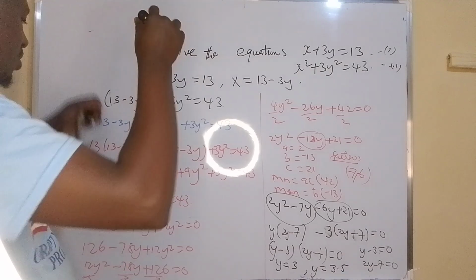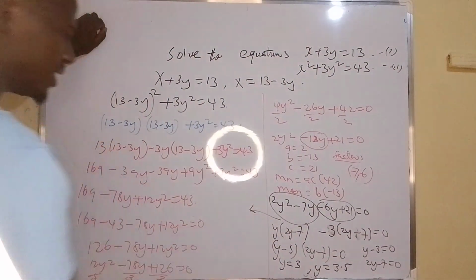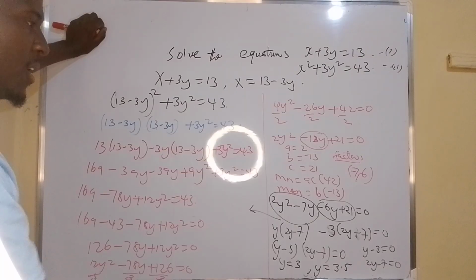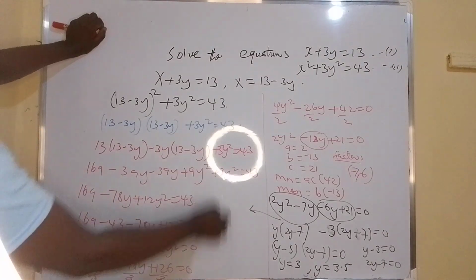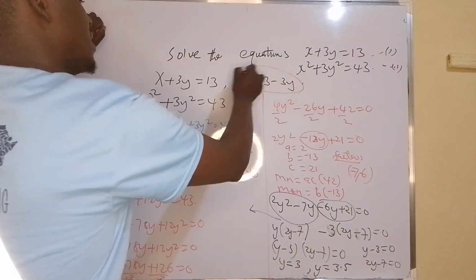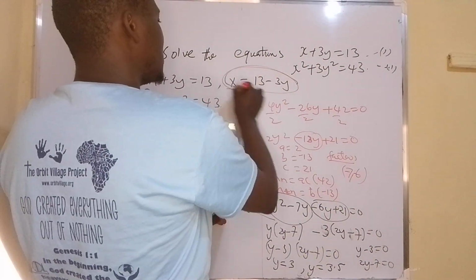When those are the values, we're going to proceed here a little because the space on the page is finished. We'll say that there is a formula we used where we said x is equal to 13 minus 3y. This formula is very important to remember.